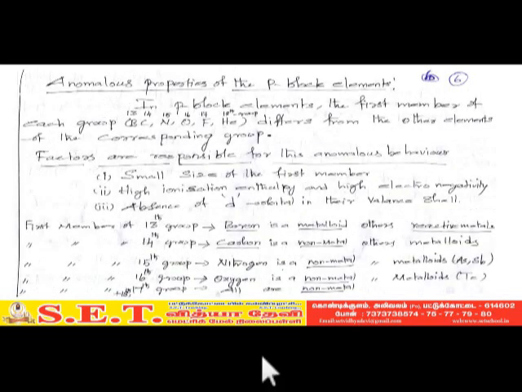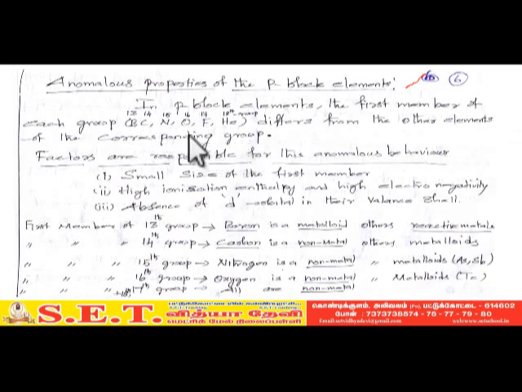Now we are going to know about anomalous properties of the d block elements. Anomalous properties of the d block elements means the first member of each group differs from other elements of the corresponding group.